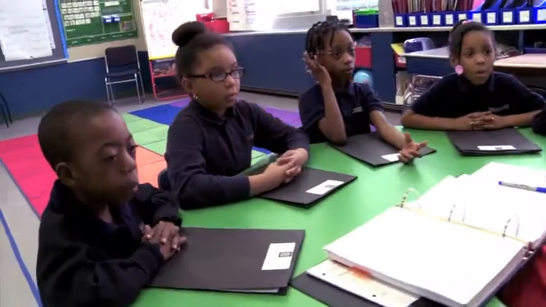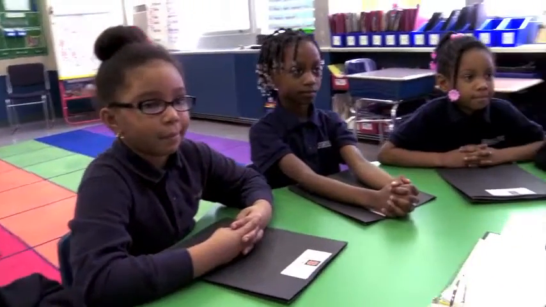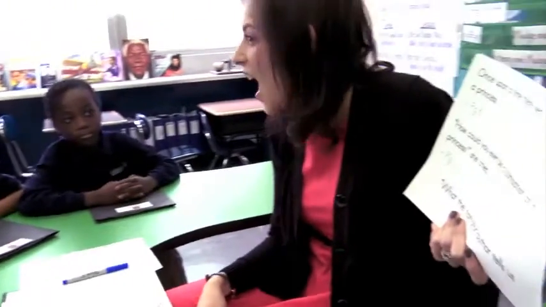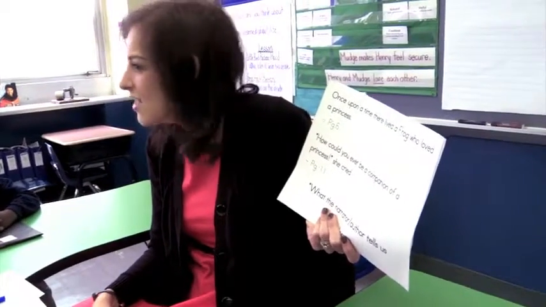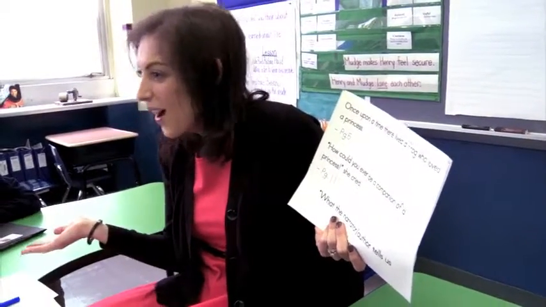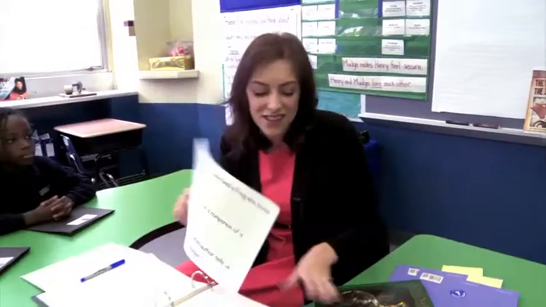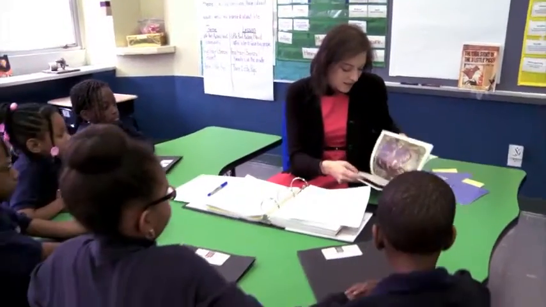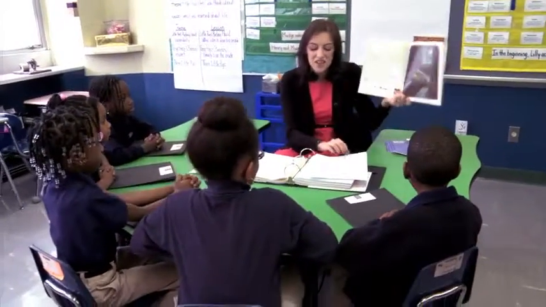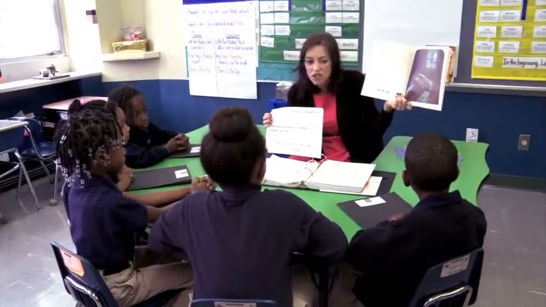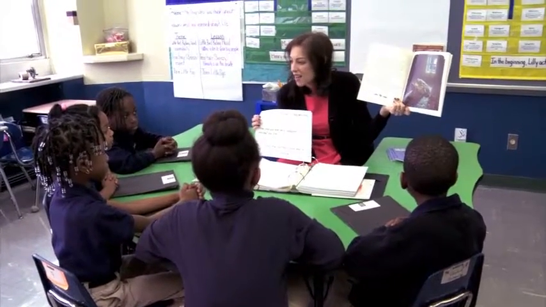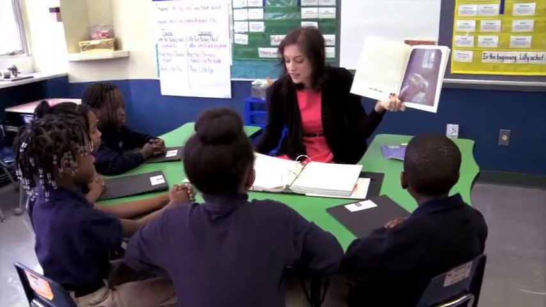As we continued to read, we figured out more about why this character could not get what he wanted. When we looked at page 11, I think you'll remember this. On page 11, the princess said, "How could you ever be a companion of mine?" the princess cried.